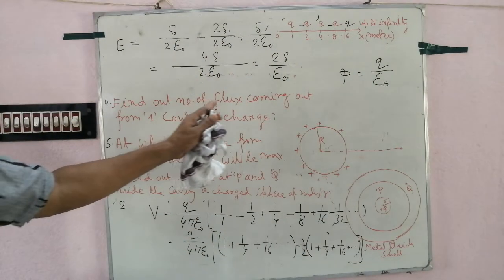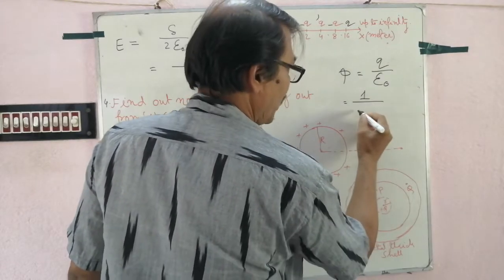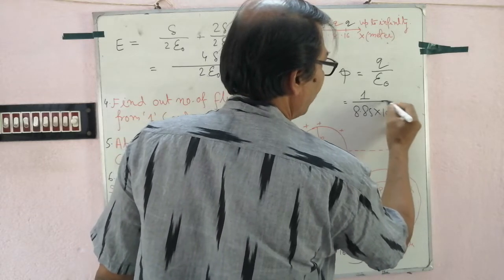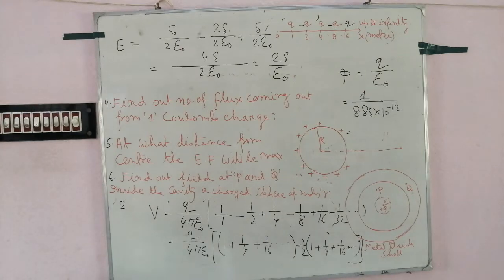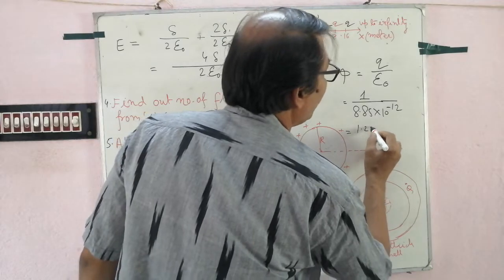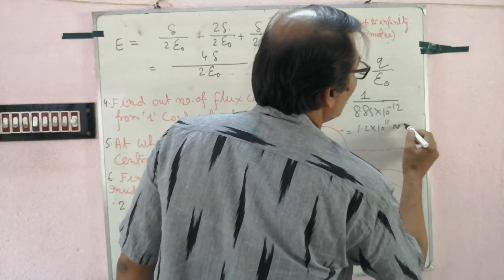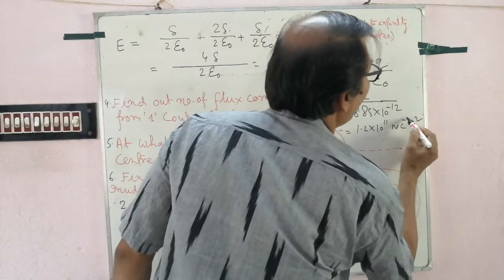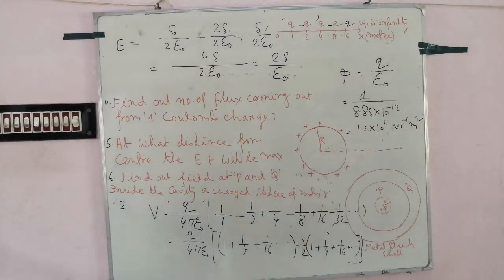In vacuum, find out the number of flux. Q means 1 coulomb, epsilon value 8.85 into 10 to the power minus 12. So you will get the result approximately 1.2 into 10 to the power 11 Newton Coulomb to the power minus 1 meter square, Coulomb to the power minus 1. This is the unit of flux in the SI system. Clear?